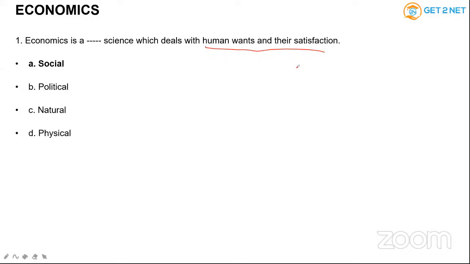Second question: Who defined economics as a study of mankind in the ordinary business of life? Who defined economics? Anyone?